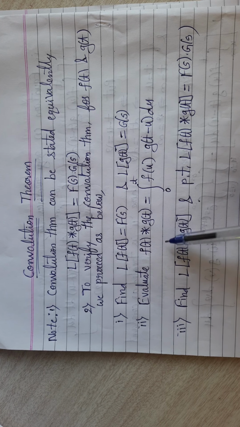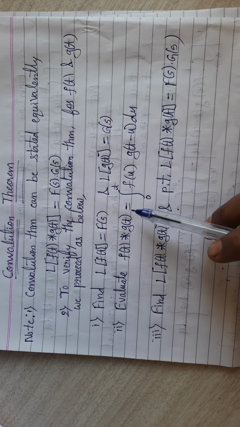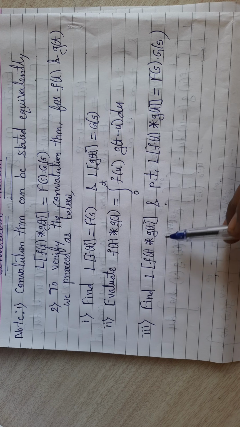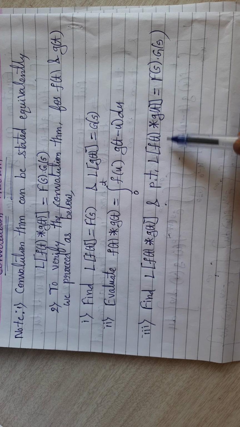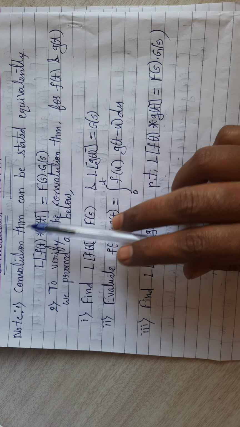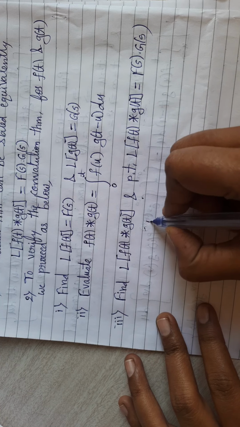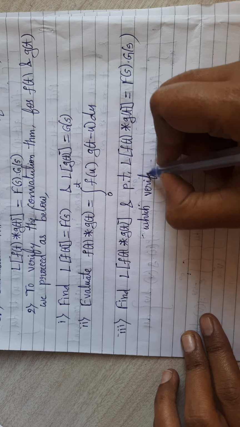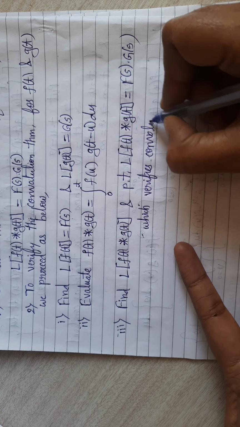Then write the convolution between the two functions f of t and g of t by using the definition, and then find L of this convolution, that is L of f of t star g of t, and then show that this is the same as the product f of s into g of s, so that we can say that the convolution theorem is verified. So if you want, you can mention here, which verifies the convolution theorem.